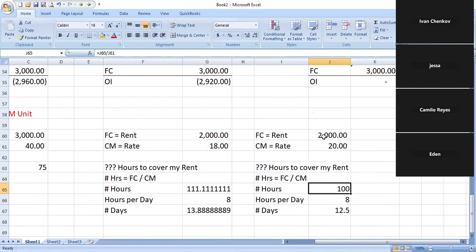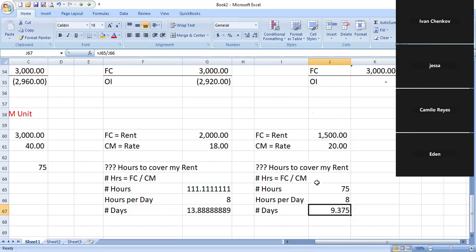The other option is to find a cheaper place. If you pay $1,500, for example, now you need to work only 9 days and a half to cover your rent.